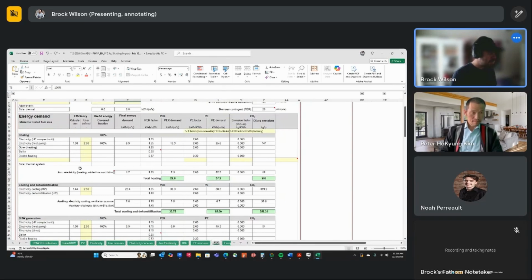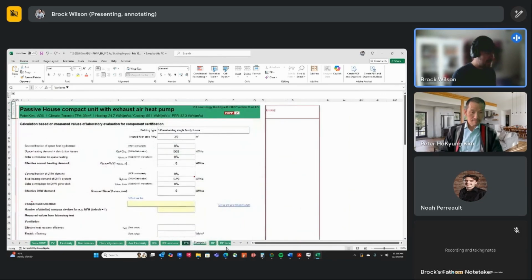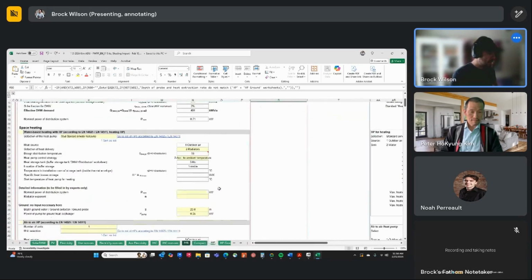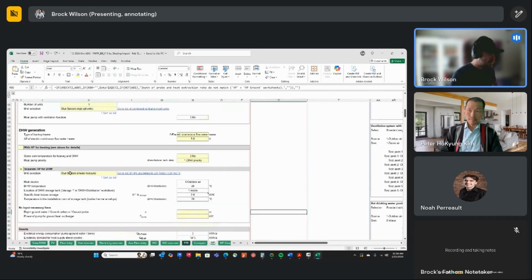So we'll input the appropriate efficiency here as well, and then see how that affects the model. That's good. Okay, perfect. Split units and the hot water tank is a heat pump.